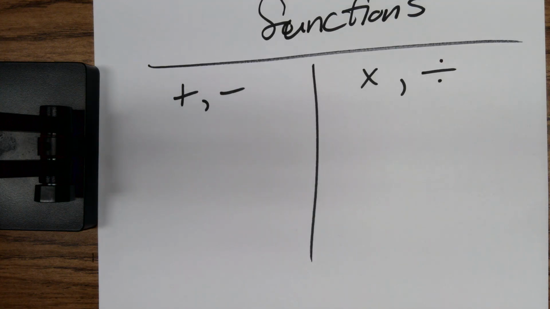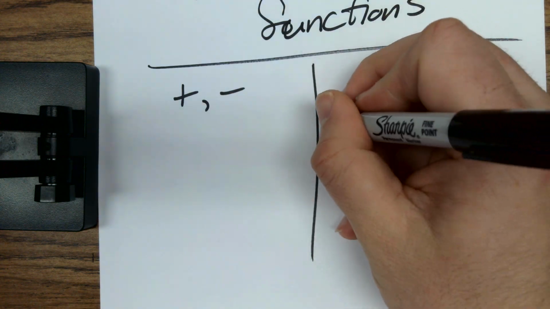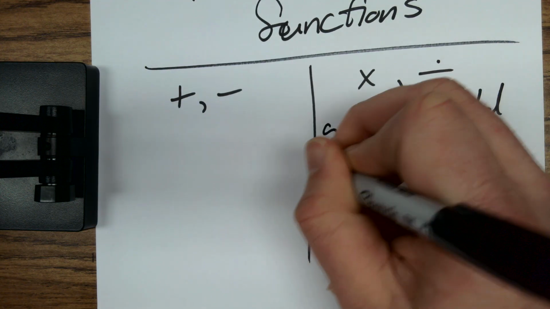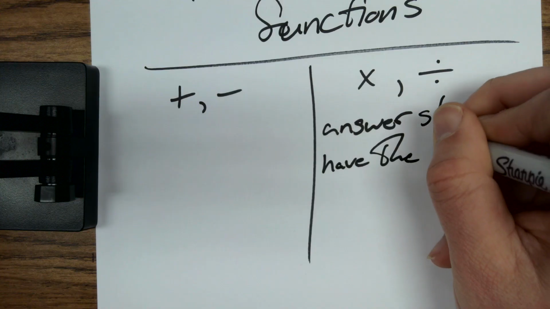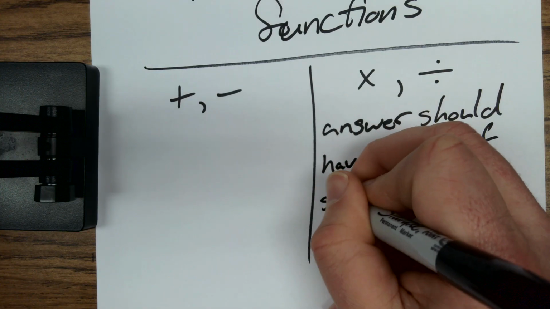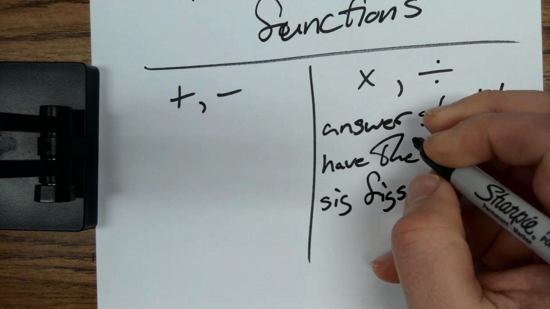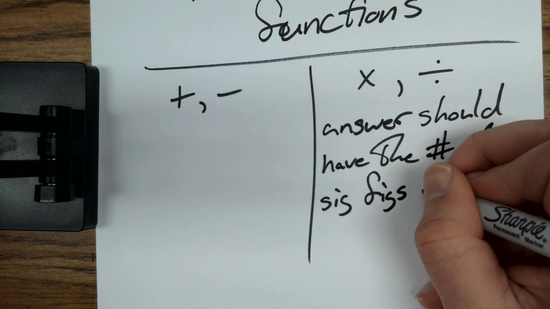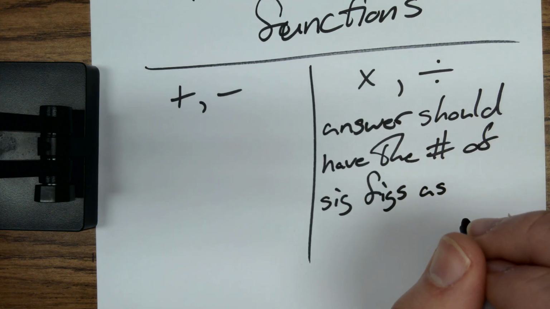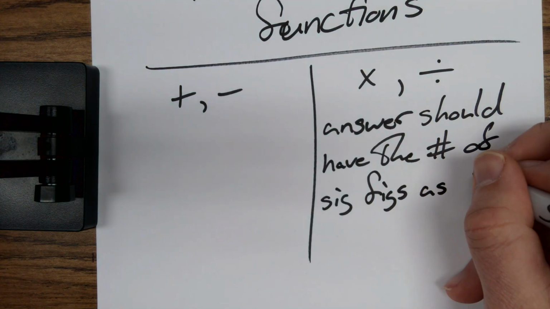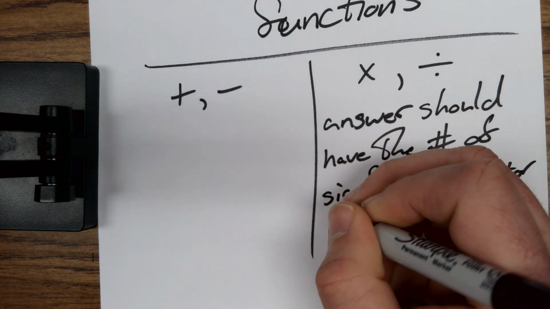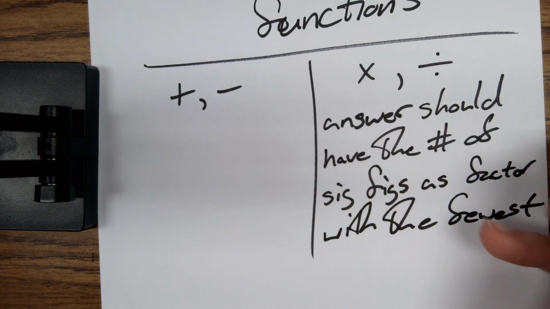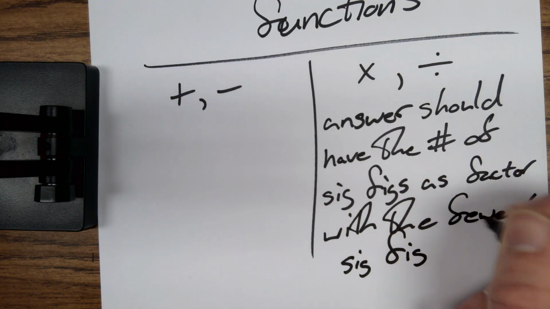Multiplication and division is the easier one. Our answer should have the same number of sig figs as our factor with the fewest. Now that might not make a lot of sense, so let's put it into practice.